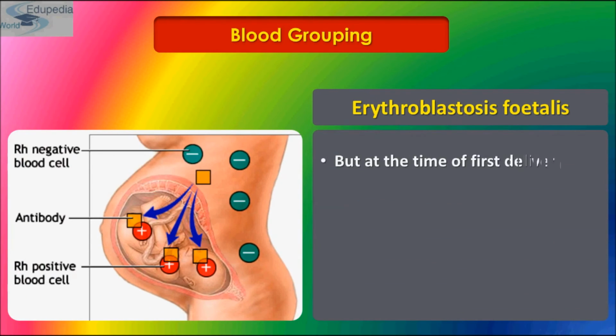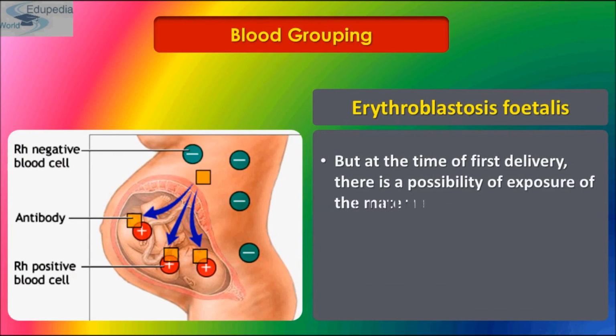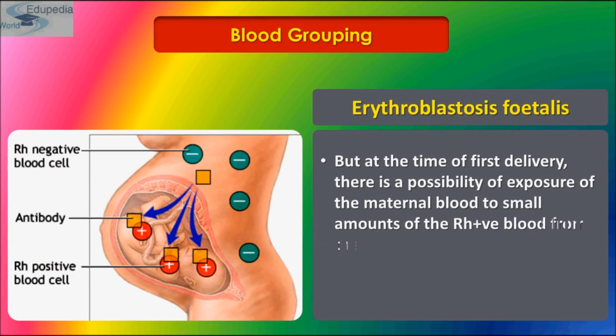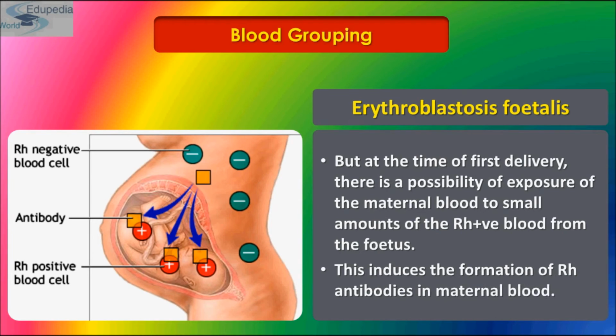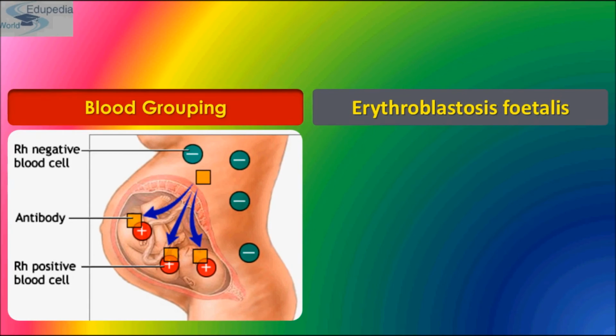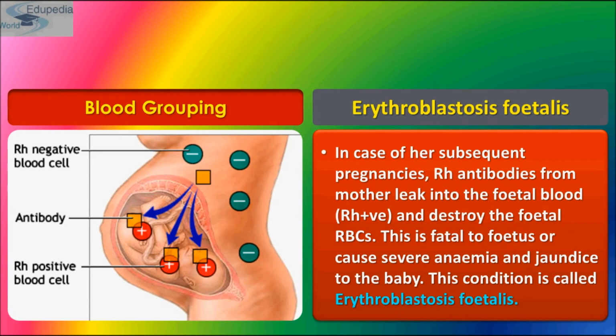Okay, but at the time of the first delivery, there is a possibility of exposure of the maternal blood to a small amount of Rh positive blood from the fetus. This induces the formation of Rh antibodies in the maternal blood, and in case of her subsequent pregnancy, that is second or third, Rh antibodies from the mother can leak into the fetal blood and destroy the fetal RBC.